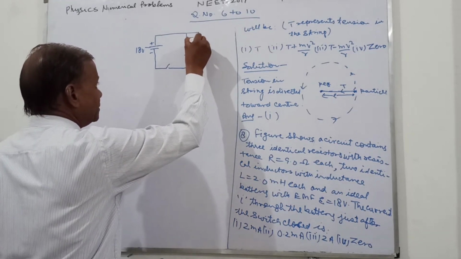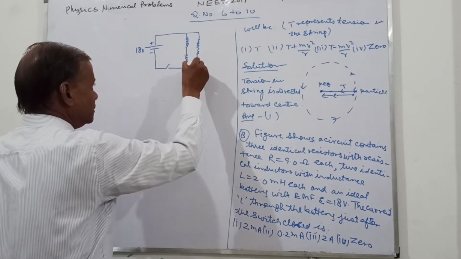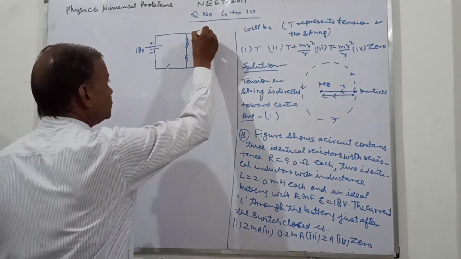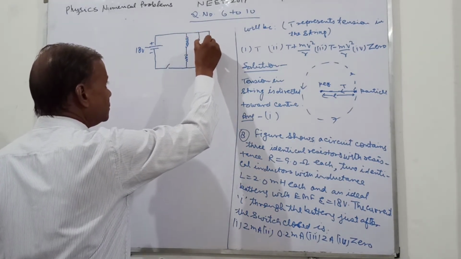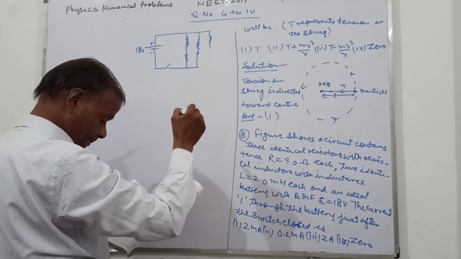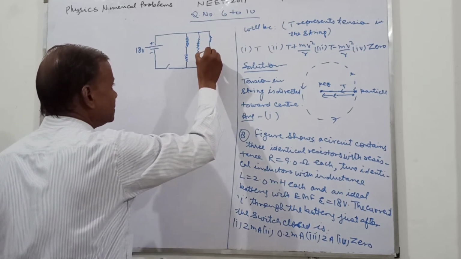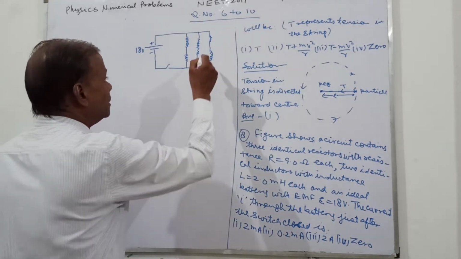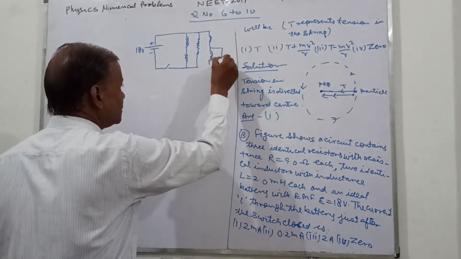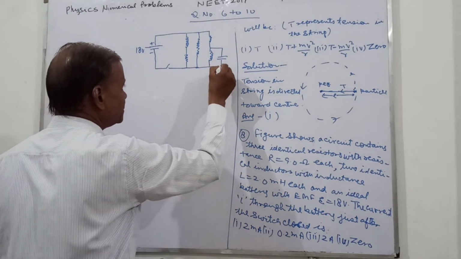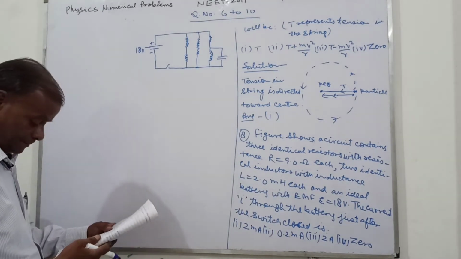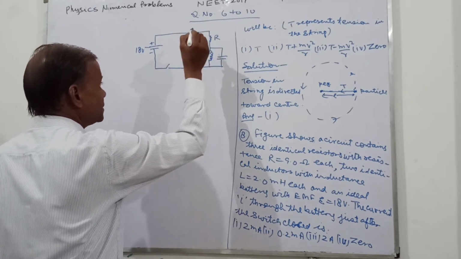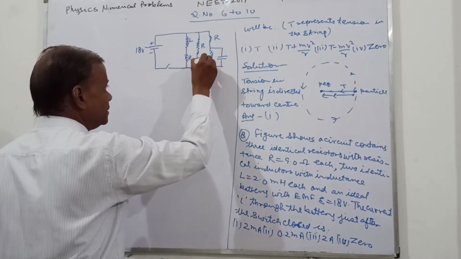Then again this is the resistance, and then this resistance, and inductor, and this is given a capacitance. This is the practical arrangement. This is the resistance R, this is resistance R, this is resistance R, this is inductance L, inductance L.